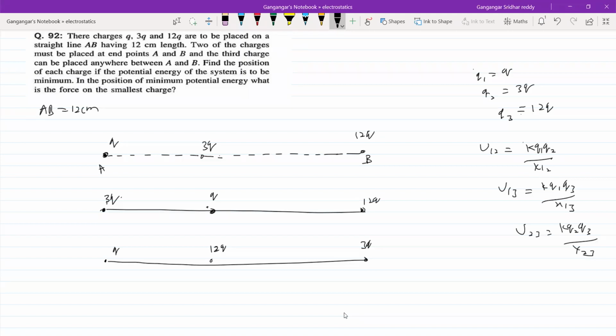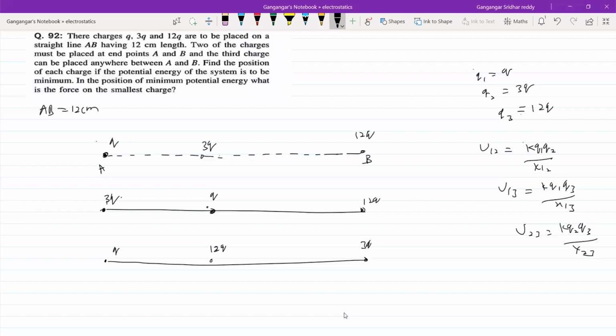In every problem, call this 1, this 2, this 3, no? In every problem, what happens? This K Q1 Q2, K Q1 Q3, K Q2 Q3, in all the configurations it will be there, no? But look at X12, X13, X23, the separations. That matters.